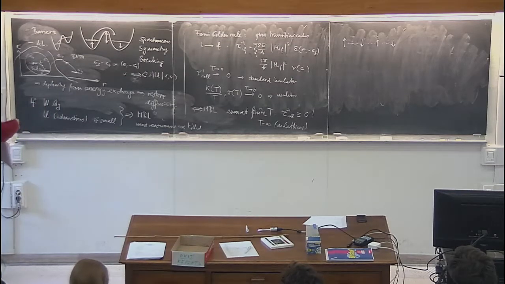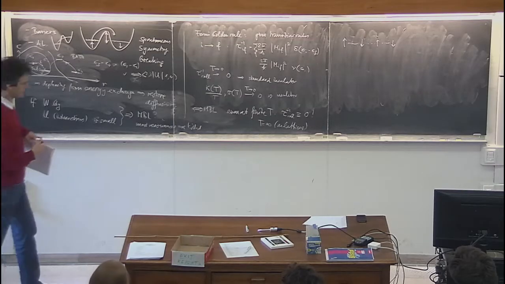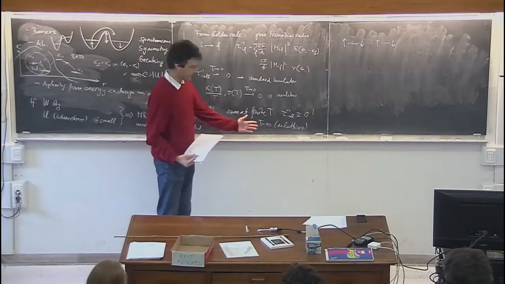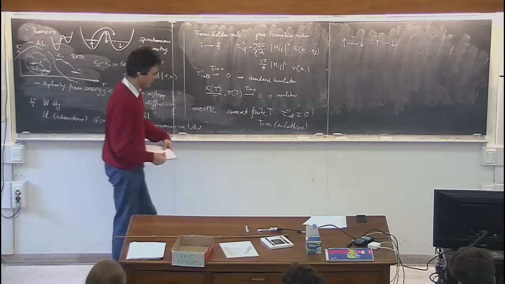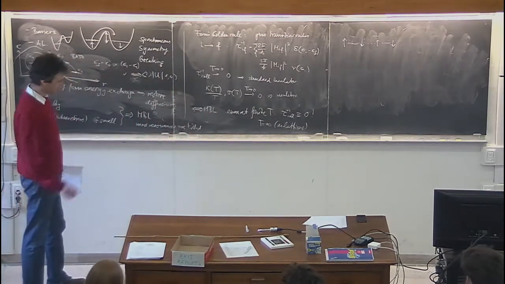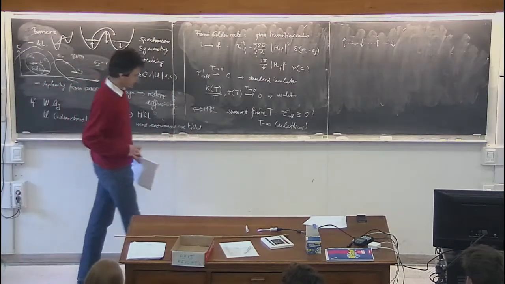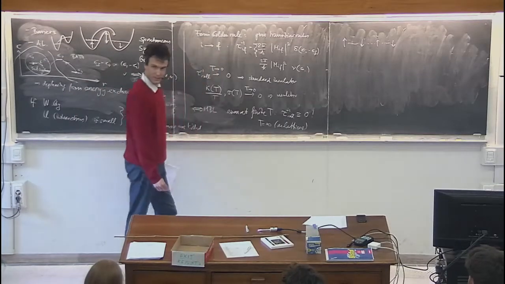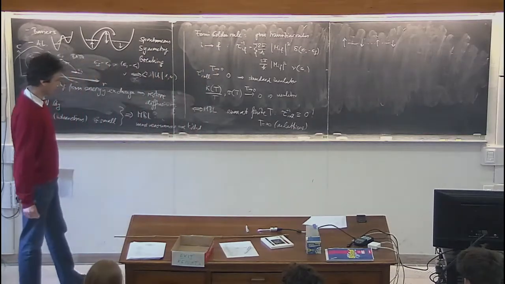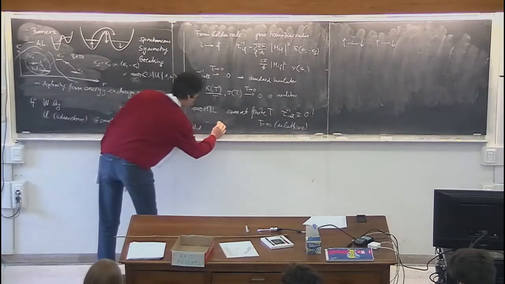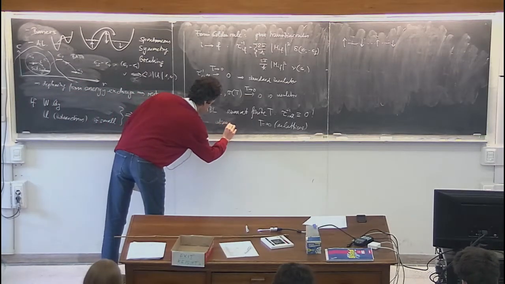For example, your spins can only have a certain amount of energy per lattice site, and so if you go above that energy with the temperature, nothing much happens. That's equivalent to infinite temperature. And so you can even talk about infinite temperature and the absence of transport there. Right. So.